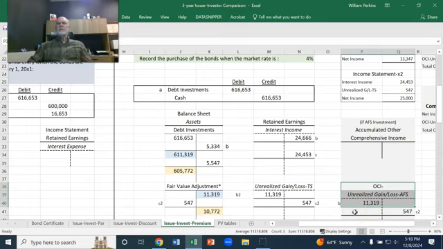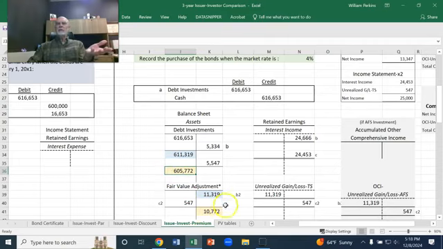At the end of the second year, after amortizing some more of that premium, we have a carrying value of $605,772. The market value at the end of the second year is $595,000. So we need to bring this carrying value of $605,772 down to $595,000. So we need a credit balance in the fair value account of $10,772.